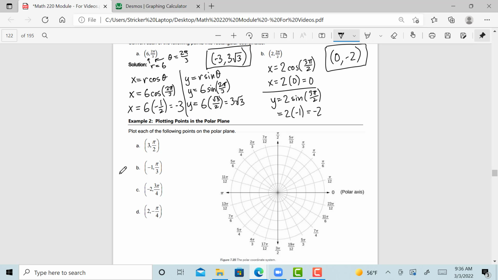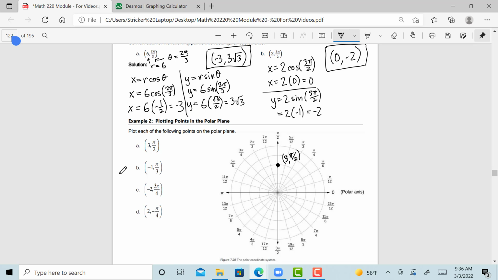So plot each of the following points on the graph. Example 2. So if we go to an angle of pi over 2, we know pi over 2 goes 90 degrees, and then a distance r of 3, 1, 2, 3. It's going to be right there. That's the point 3, pi over 2. Okay, we can also go to pi over 3.